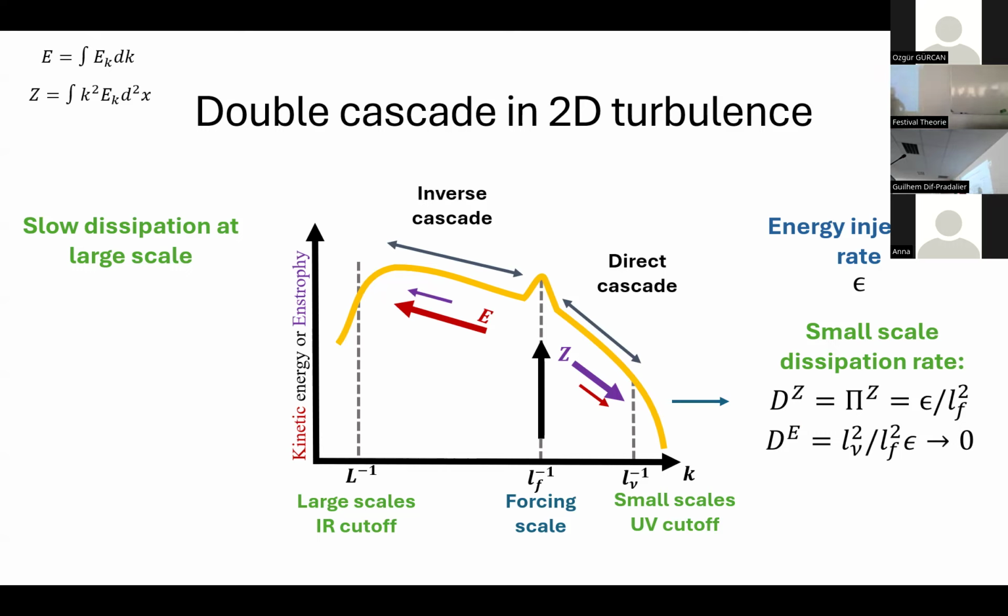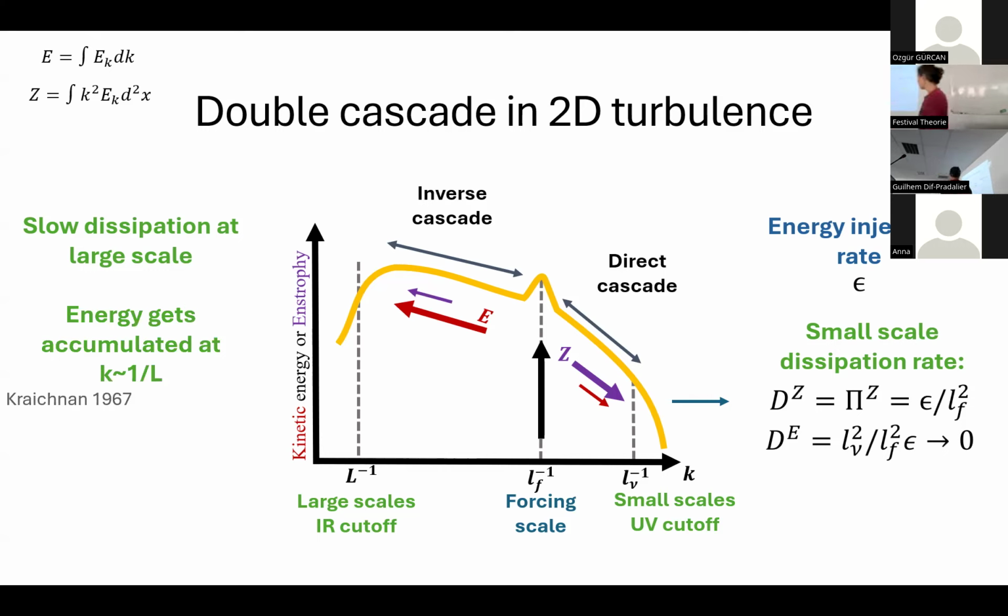Usually in 2D, the main dissipation is by bottom friction, so it gives you a rate. You compare it to the eddy turnover time at a particular scale and see which one is faster. If the dissipation rate is faster, then you will dissipate that scale. But if you can make the dissipation rate arbitrarily small, then you will have energy going all the way up to the box scale.